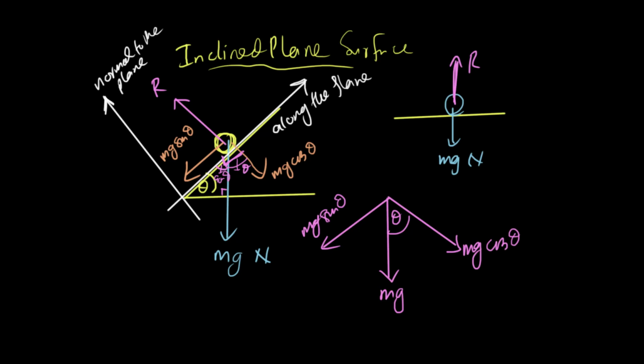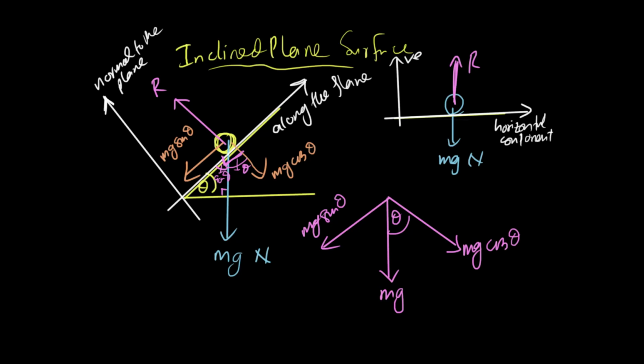So every time you think about an inclined plane surface, the first thing you have to think about is breaking down the components of the weight mg, which is always vertical. Previously we took components along the plane and normal to the plane, where along the plane was horizontal. So instead of saying along the plane, we said horizontal component, and instead of normal to the plane, we said vertical component.